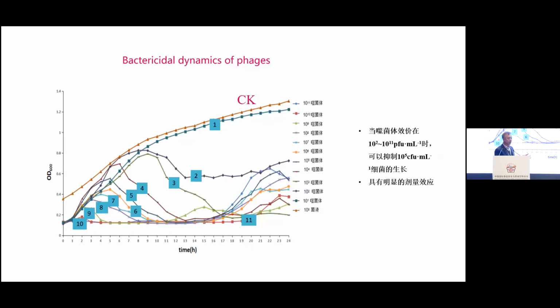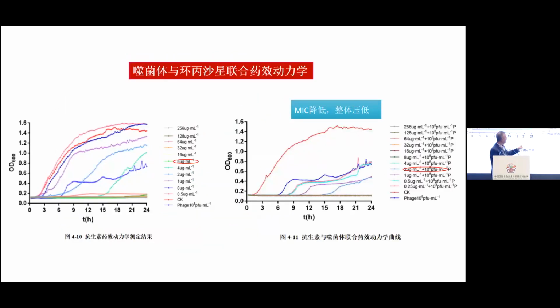And for the use of the phages, actually, it has a rather similar effect as the antibiotics. And we can see that its growth curve becomes lower and lower. And it can inhibit the pathogen at a certain concentration.